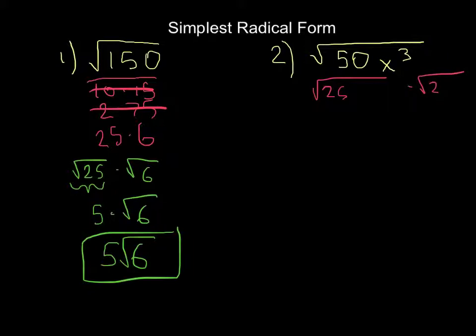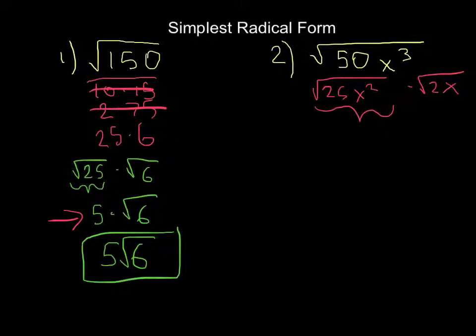So if we're going to try to get this into a constant without a square root sign, like we did over here, we can pull the x squared there and the x there, because 25x squared times 2x is 50x cubed.